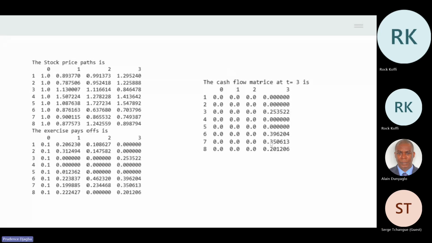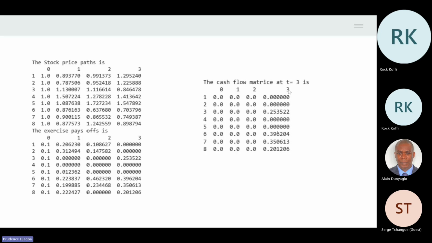It should be exponential of minus r t. T here is 3. If it was a European option, you need to use that time.